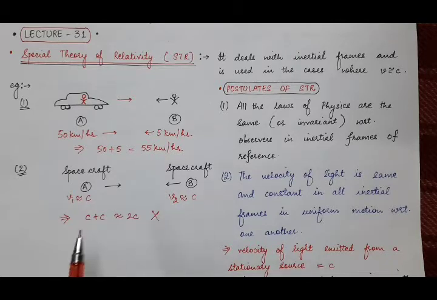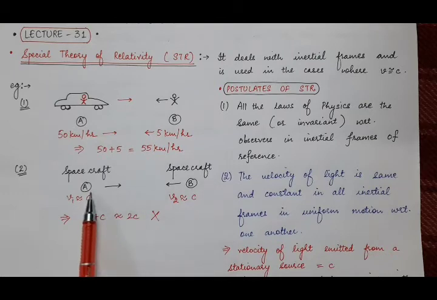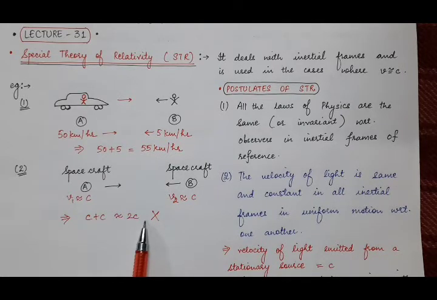So we can't simply add c plus c equal to 2c. According to the Galilean law of relative motion, it would seem to spaceship A that spaceship B is approaching at a velocity 2c, and similarly the same would be the case of A with respect to B.